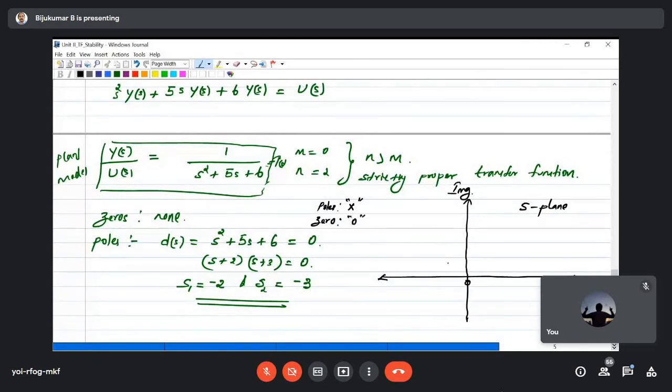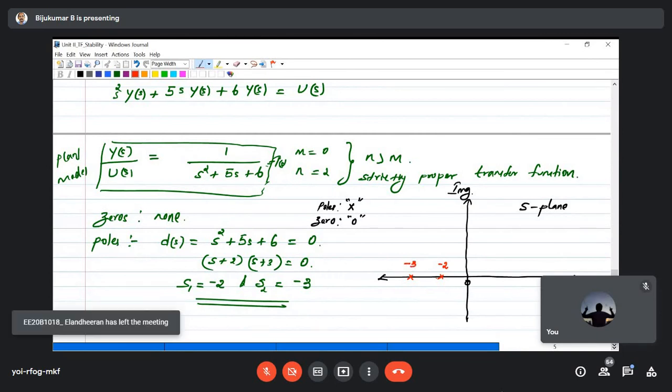Okay. So in this problem, we have two poles, one at minus 2. Minus 2 means the left hand side of the s-plane, right? Let it be somewhere here. It is minus 2. And the other pole is at minus 3.